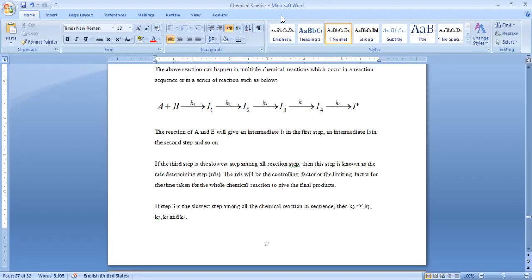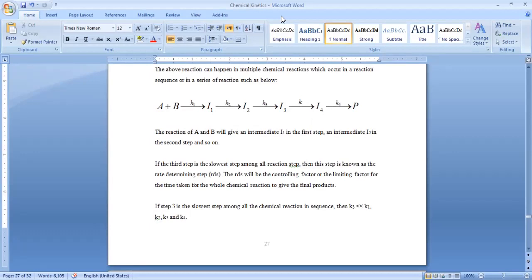Intermediates are basically molecules, atoms, or ions formed after the reactants have reacted and before the product formation takes place. Intermediates will not last long in the reaction mixture. Their concentration will go up, then become constant, and then go down. When all of the intermediate has reacted, it finally gives us the product.